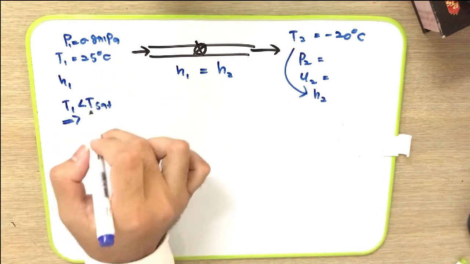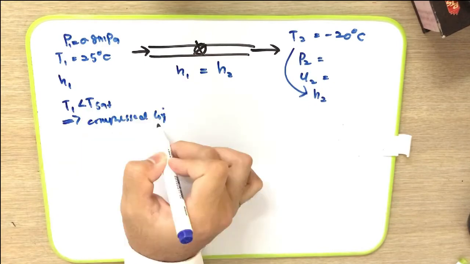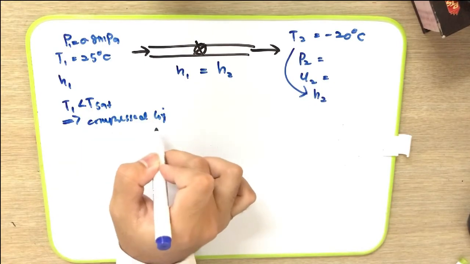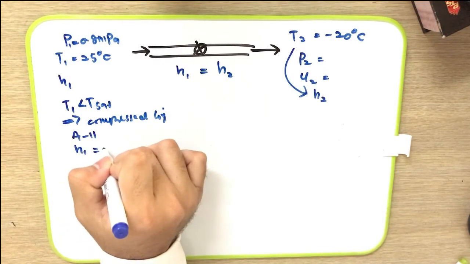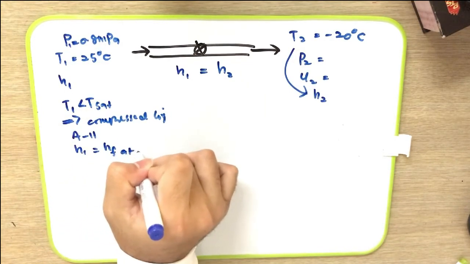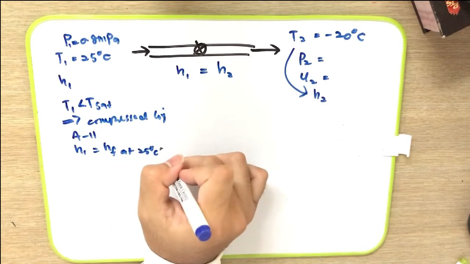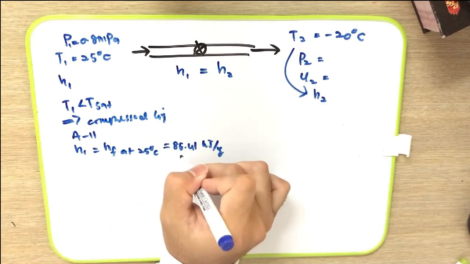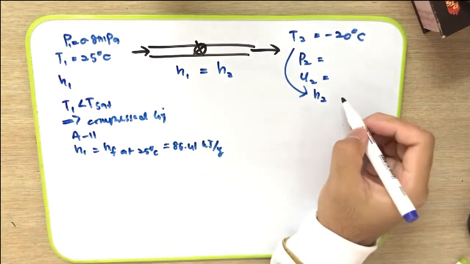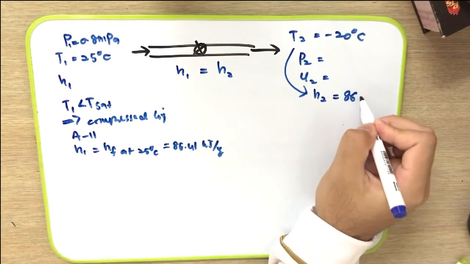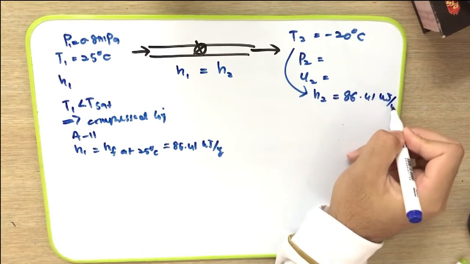Because of that, the phase for state 1 is compressed liquid. So we can find at table A11 that h1 is equal to hf at 25 degrees C, and it is equal to 86.41 kilojoule per kg. So that means h2 is also 86.41 kilojoule per kg.